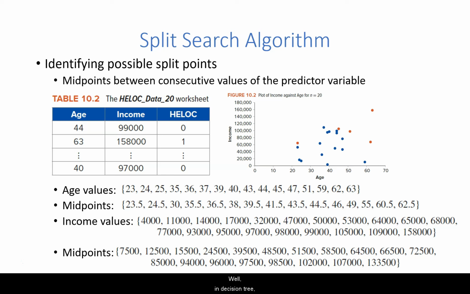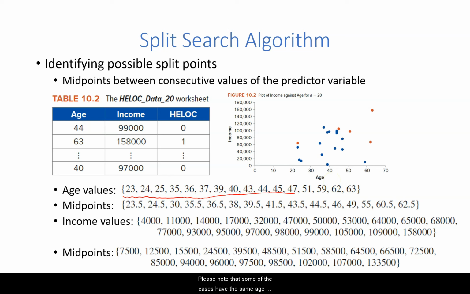Well, in decision trees, since the partitions are created based on the training dataset, the only split points that are relevant to our problem are the midpoints between consecutive values of the predictor variables. For example, for the age variable, we can list all values of age in ascending order in this data array: 23, 24, 25, 35, and so on.